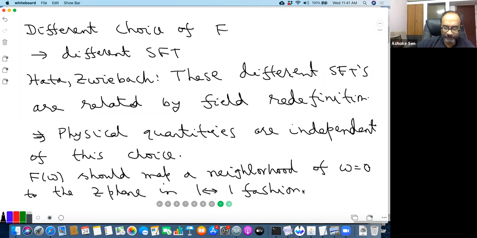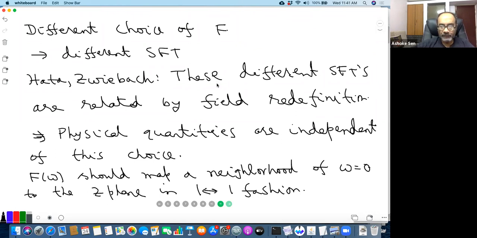Which basically means that f should have a Taylor series expansion with a finite radius of convergence. But we are not demanding that f maps the upper half plane to the upper half plane. Although the maps that we'll be working with will have that property because it makes life much simpler. But it's certainly not necessary.